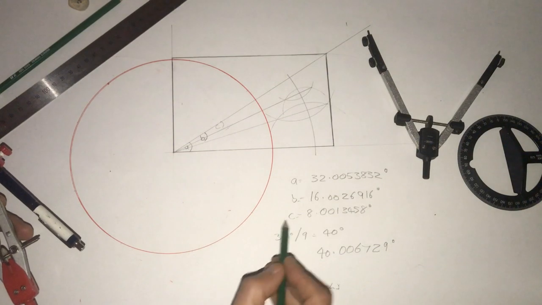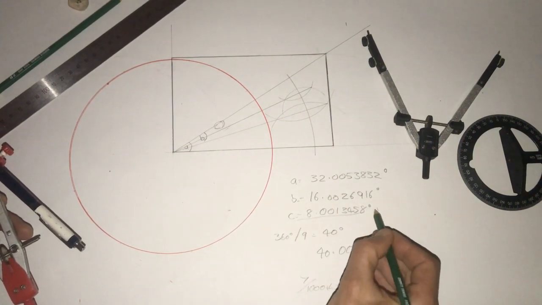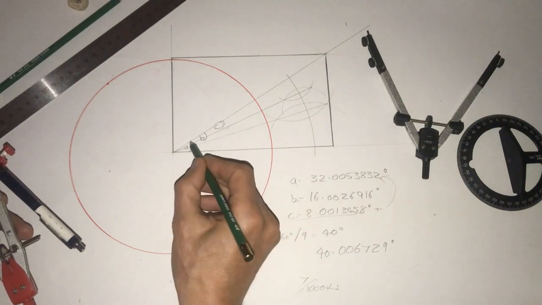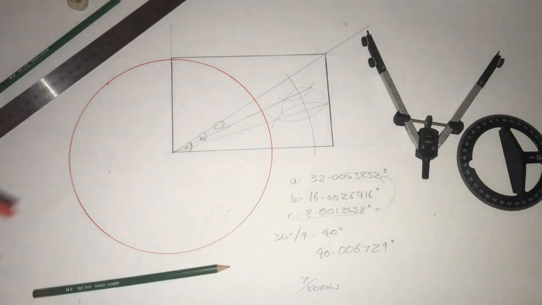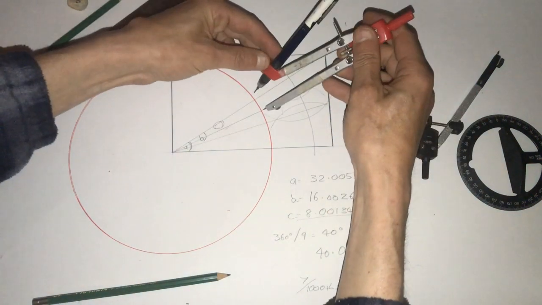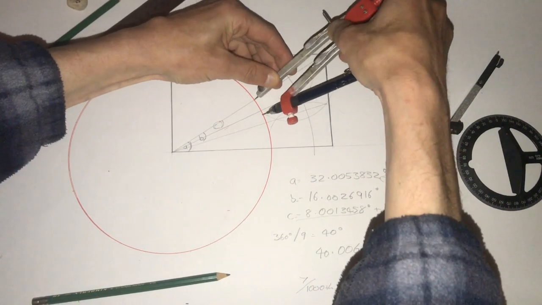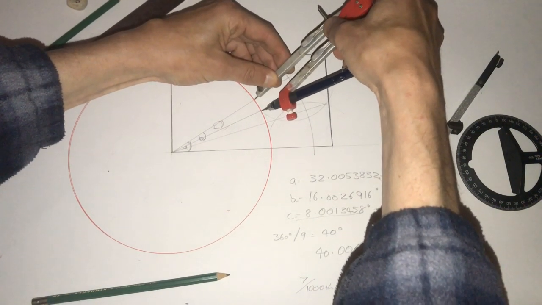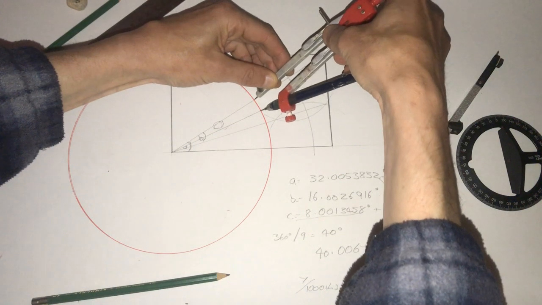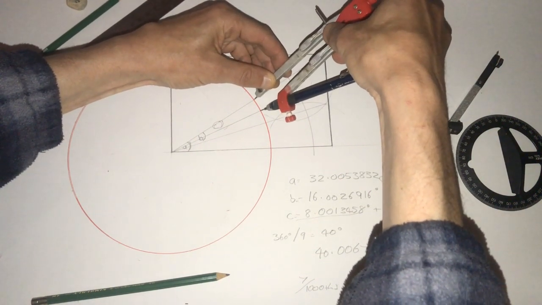But so angle C plus angle A will give us 40.006729 degrees. And so I put my compass point on there. I adjust it to get as close as I can.